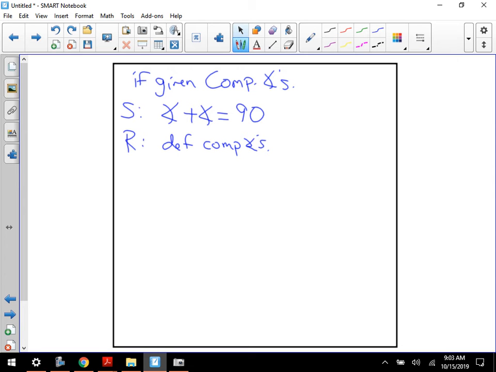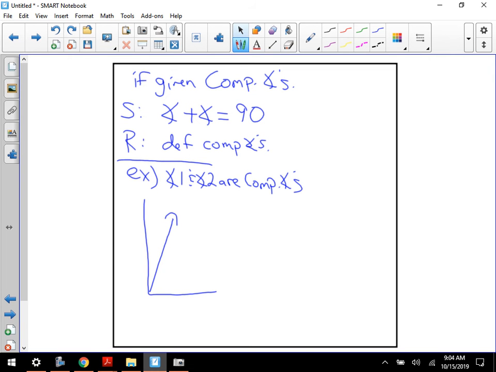So, for example, I'll say that angle 1 and angle 2 are complementary.